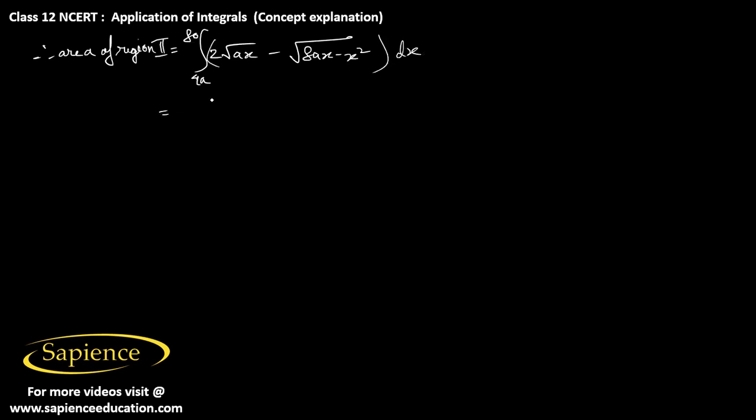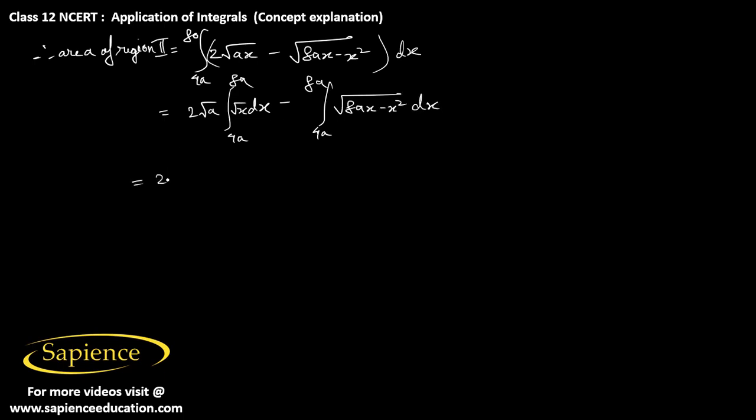So this we can write as 2 root a integral root x dx, going from 4a to 8a, then minus integral 4a to 8a square root of 8ax minus x² into dx.